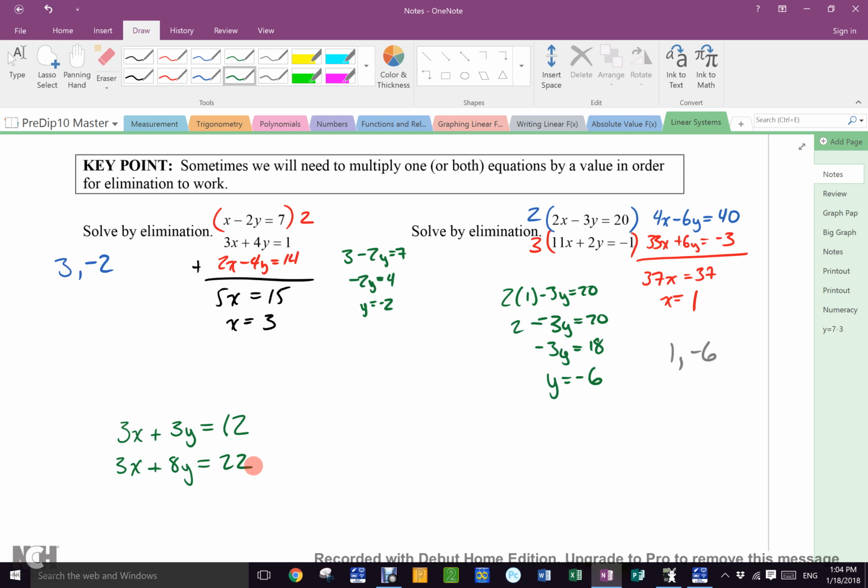Or you could subtract. Right? Because as long as you can eliminate, you would eliminate. So you could do subtraction, which would give you what? Negative 5y equals negative 10. Everybody agree? Okay, wait. What would you do with this one? So, quick question. What would happen if I got both of them crossed out? Then there's no solution.